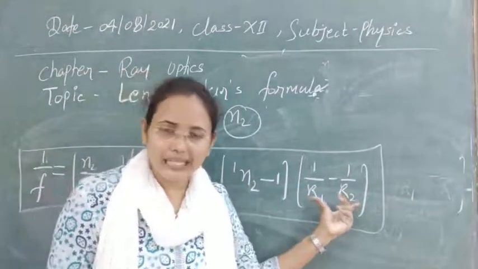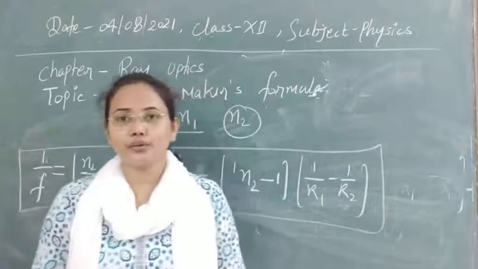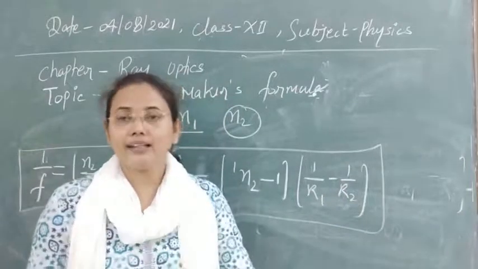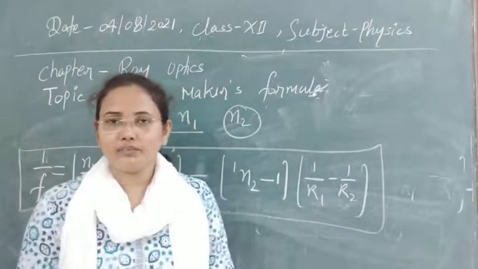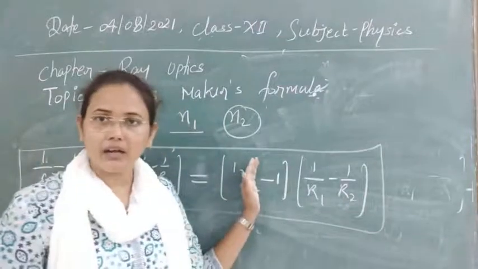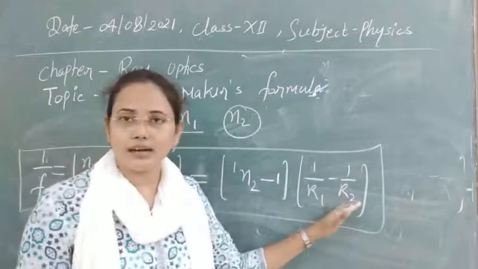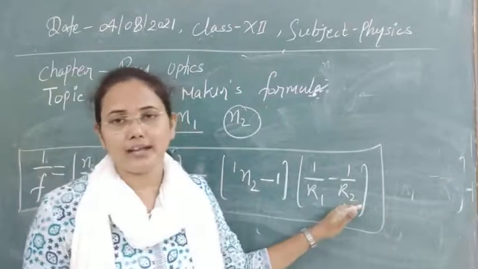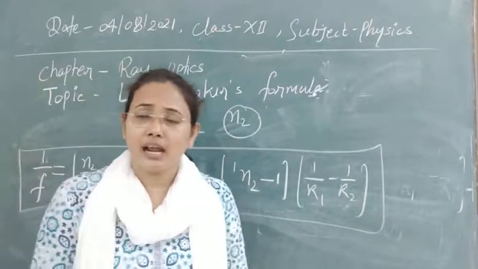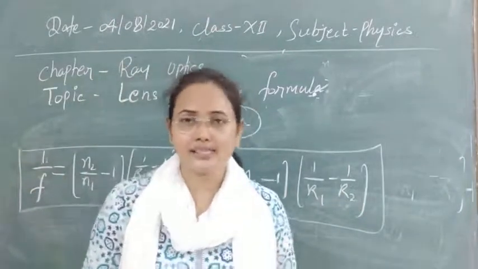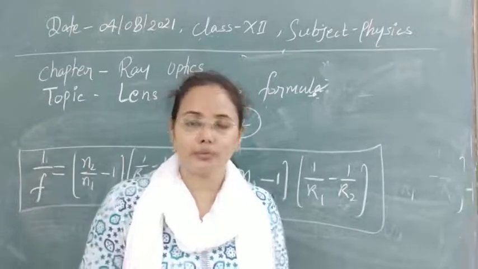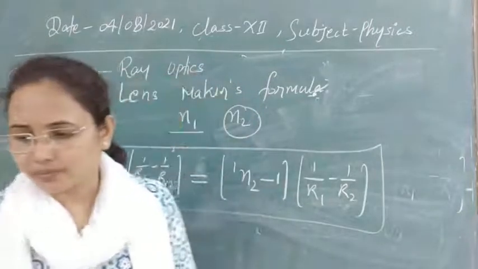Means you can take the refracting surfaces according to your own use to vary the focal length. So whenever you change the material or the radius of curvatures, obviously the focal length will change, and varying focal length lenses will be available for you for better use.